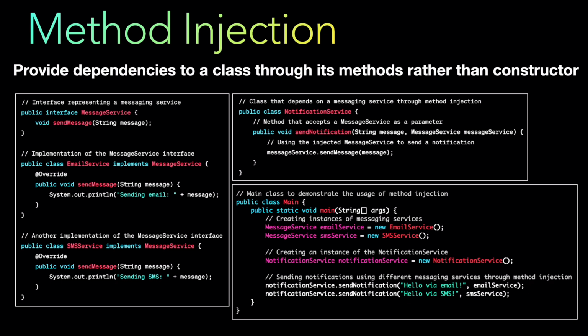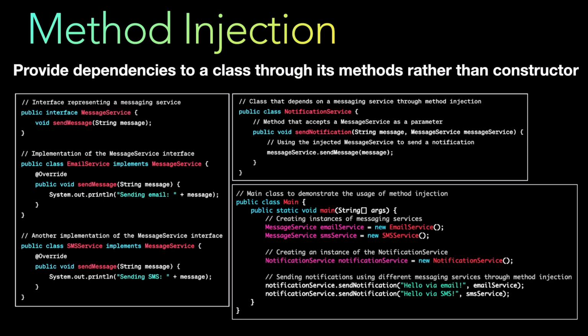Method injection is useful when you want to provide dependencies only for a very specific method, not for the entire class. That is where the segregation is, and that can be useful whenever you are implementing. Generally, people just go ahead and flood a class with its dependencies through the constructor, but that might not always be needed. You might have a very specific method which can depend on different types of dependencies, and which can be injected only at the method level, not at the class level.